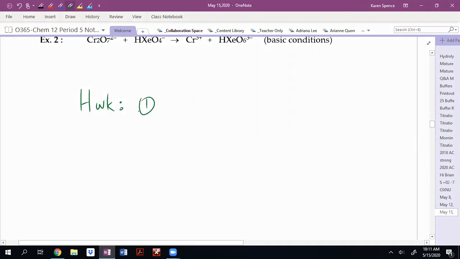Number 1, the oxidation number worksheet. This time we'll do 21 to 25, 5 questions, that'll be fine.